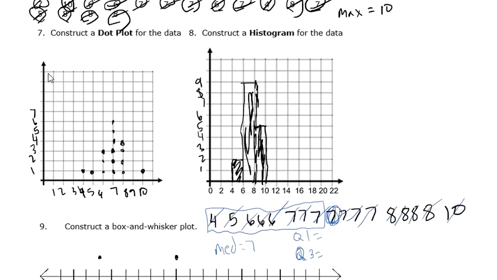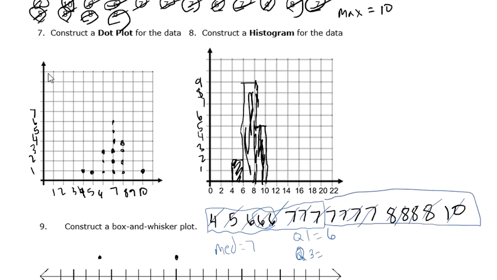So 1, 2, 3, 4, 5, 6, 7, 8. So count 4 in. 1, 2, 3, 4. 1, 2, 3, 4. 6 and 6 are in the middle. So guess what our lower quartile is? Quartile 1 is not 8. Sorry, it's 6.